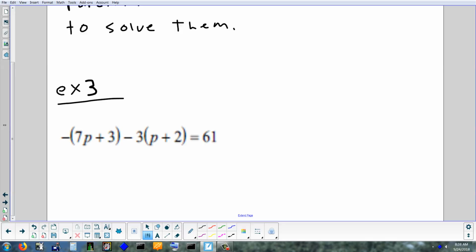So like I said, this one has parentheses on one side of the equal sign. We may do one where there's parentheses on both sides, but in this case, it's only on one side. So in this problem, I can tell you right now, you're going to have to distribute, obviously, because you have the parentheses, and you're going to have to combine like terms.